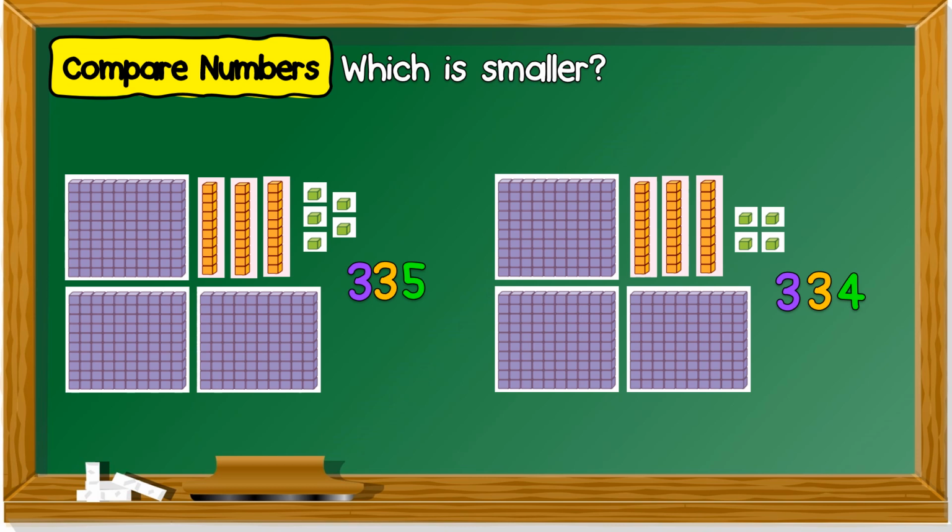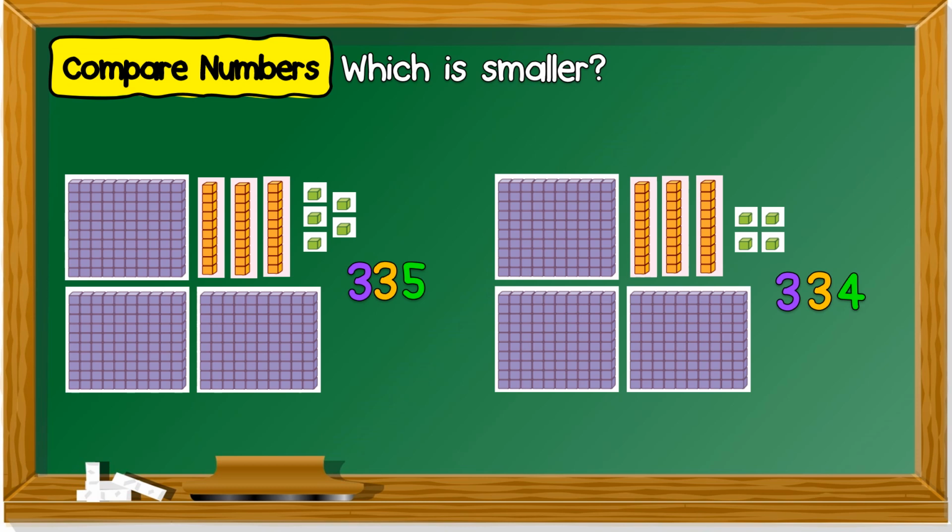335 and 334. Which is smaller? We look at the numbers in hundreds. Both are 3, sama, same. Numbers in tens, also 3.